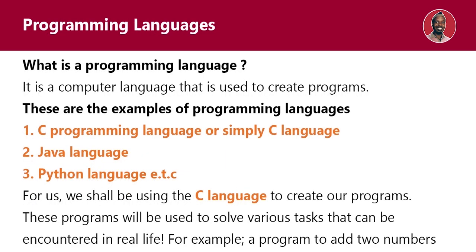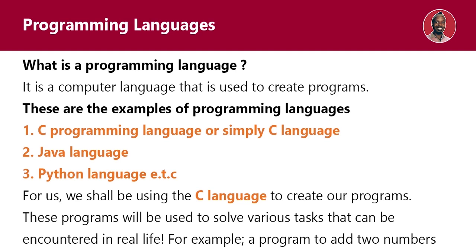Programming languages. What is a programming language? A programming language is a computer language that is used to create programs. Below are examples of programming languages. We have C programming language, or simply C language. We also have Java language, Python language.